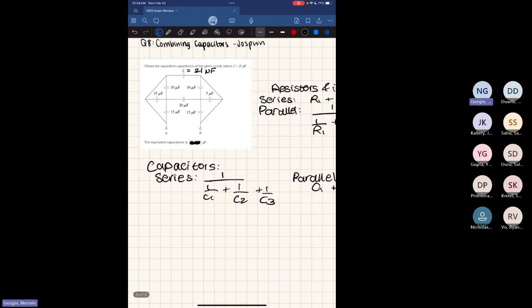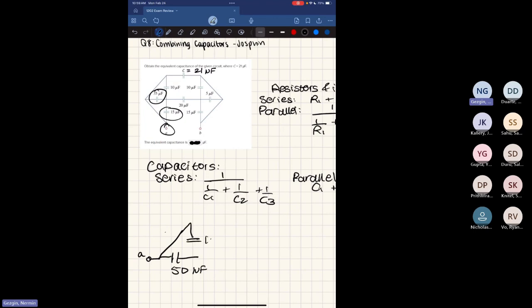So we can start from the bottom, these two are in parallel. Remember, for capacitors, you just add them. So that should give you 50 microfarads. And then we had this A thing. That will move up here, since we're sharing the node, we would move it accordingly.